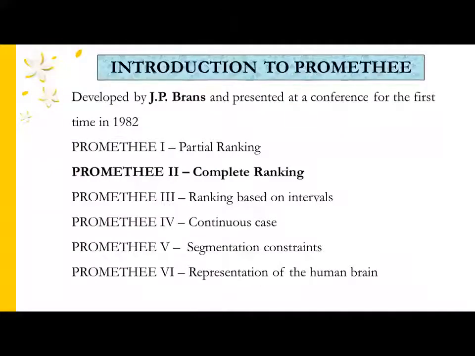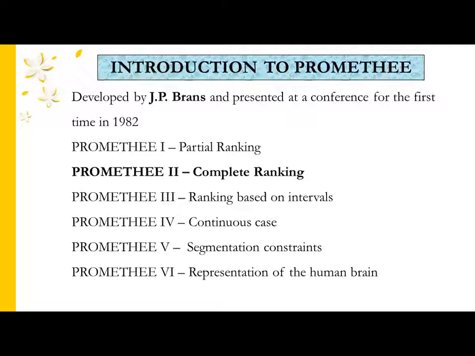This PROMETHEE method was developed by J.P. Brans, and it was first presented at a conference in the year 1982. In this video lecture, we are going to see PROMETHEE 2, which is a complete ranking method.